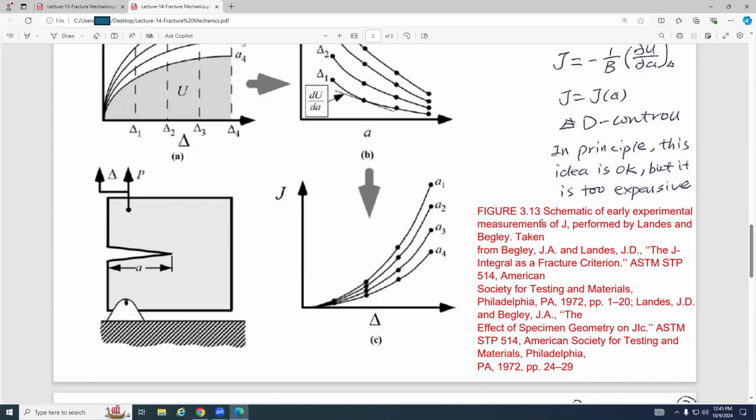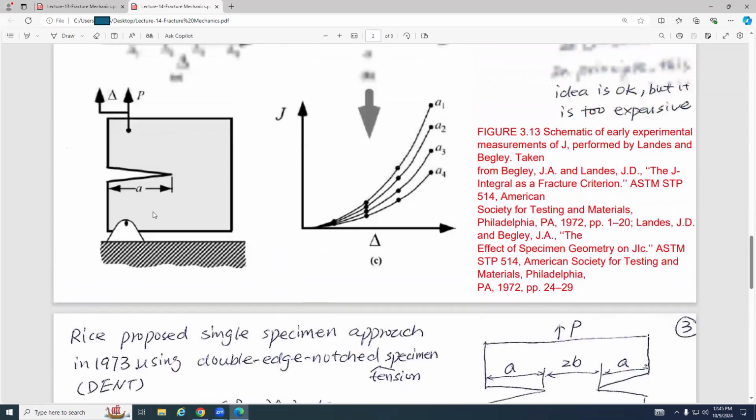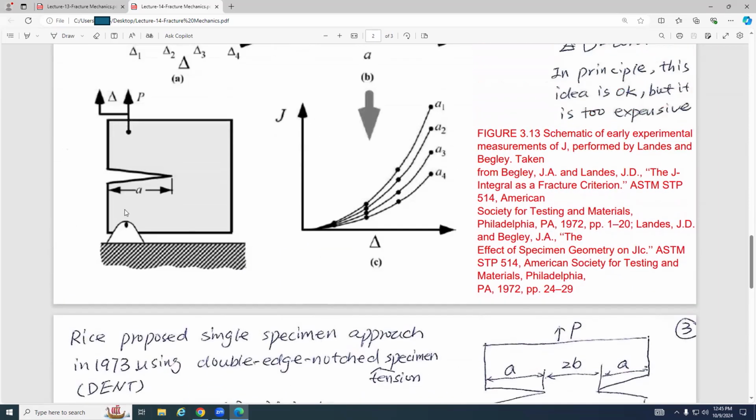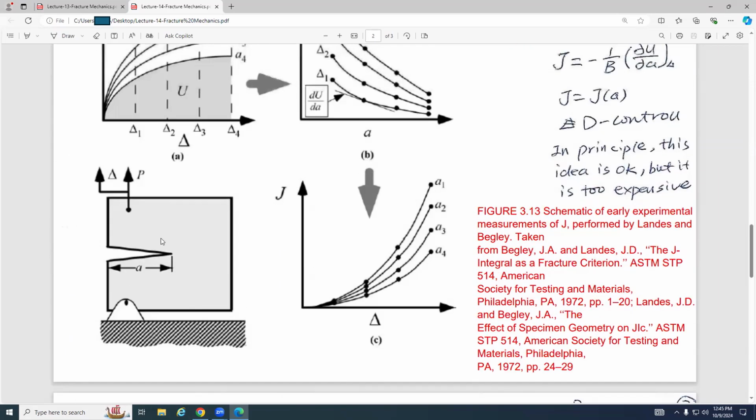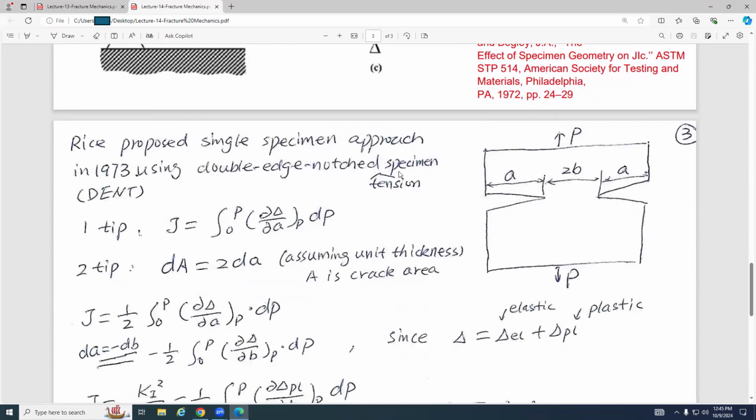So here Rice proposed a single specimen approach for the double-edged notch specimen. The multiple specimen approach is very, very expensive, so Rice did something differently. You can see this is P, and I have an edge crack on this end and another edge crack on this end. The ligament is 2a, so 2a plus 2b equals the total width.